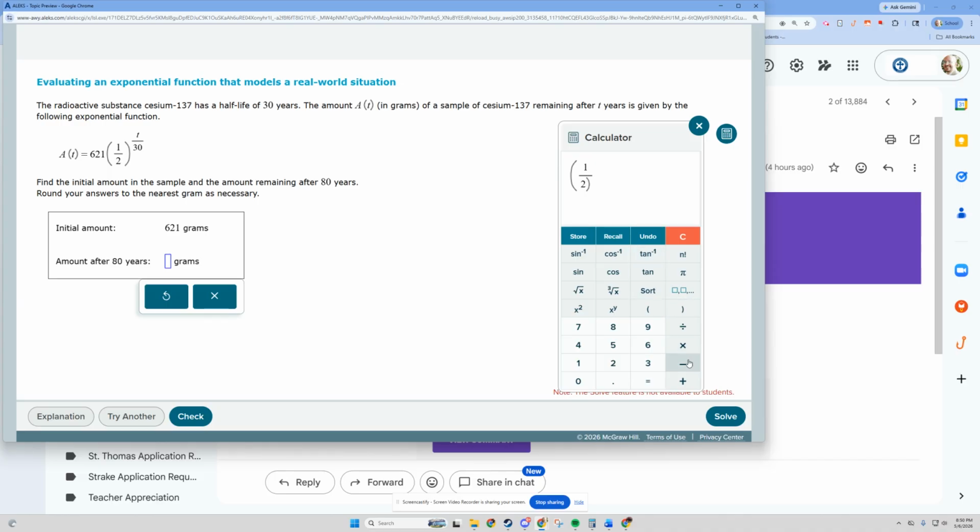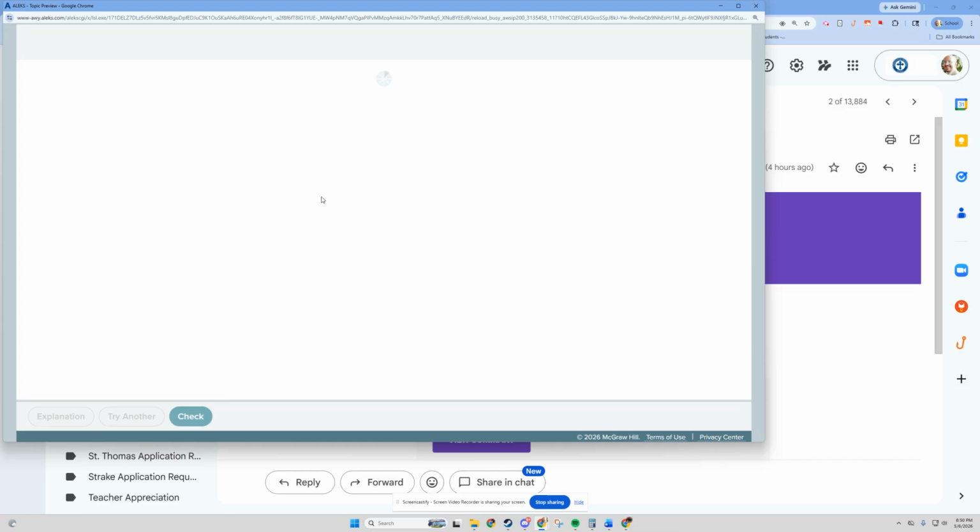Boom, click off. I'm going to raise this whole thing to the 80/30ths. Okay. So we can have this thing and then times 621. That gives us 97.8. Nearest gram, 98 grams. Okay. One more.